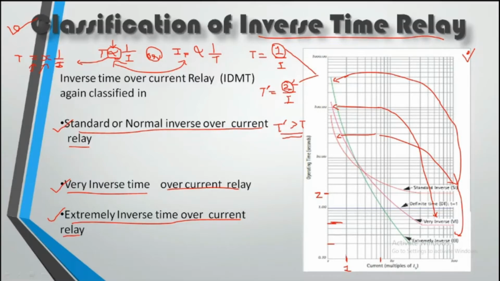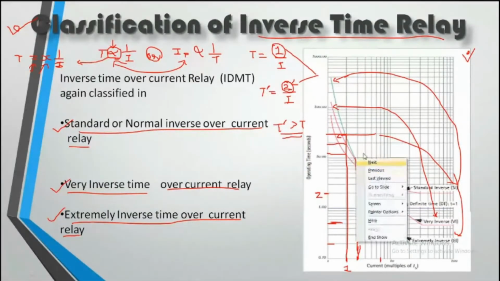If I extend this value I on the graph, the red graph will give the operation time somewhat over here. The pink graph will give the operating time somewhat over here, and the green graph will give this operating point somewhat over here. Right? Now, just behind this line, if we consider the value, right?